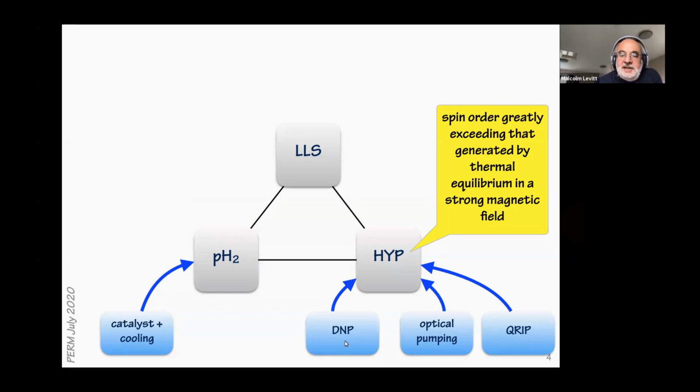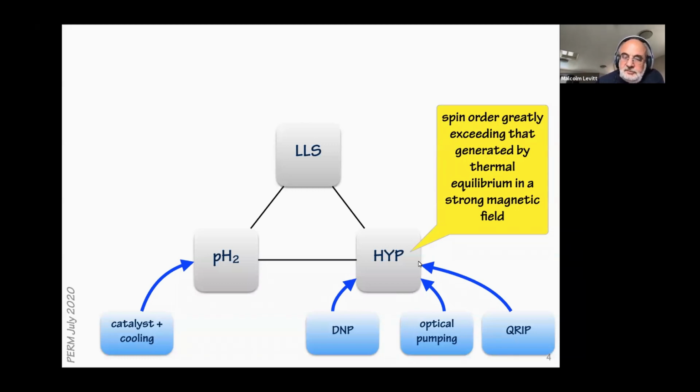And there are various techniques for producing such hyperpolarized states. DNP, as Jan Henrik told us about his tremendous developments in that area. Other techniques, such as optical pumping. The less well-known one, which we've also worked on a bit, is quantum rotor-induced polarization, which is a phenomenon which happens in particular for some methyl groups.